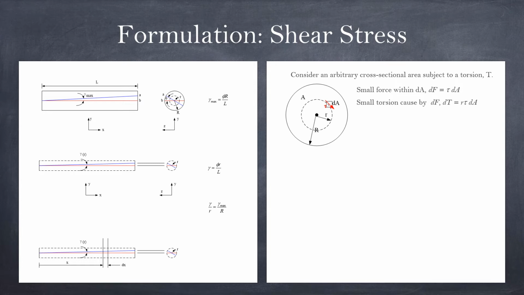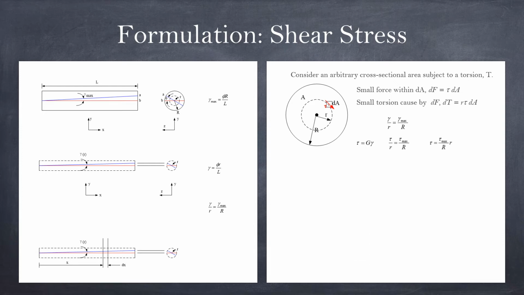By the geometry, the arm for that force dF is the little r, the smaller radius where the dA is situated. So the torsion caused by that small area is r dF, or r tau dA, per se. And we already have that relationship from before.